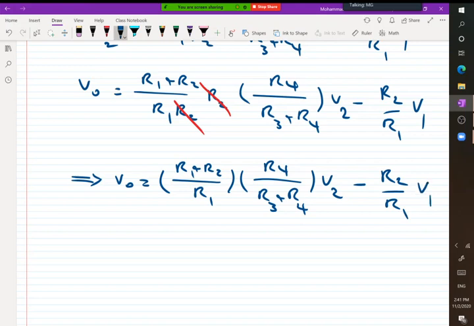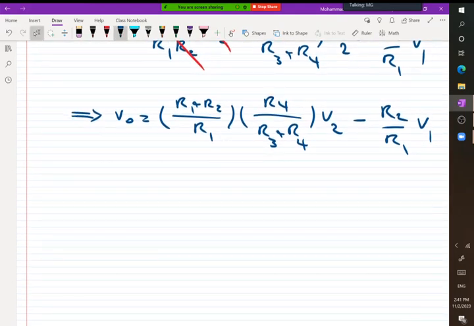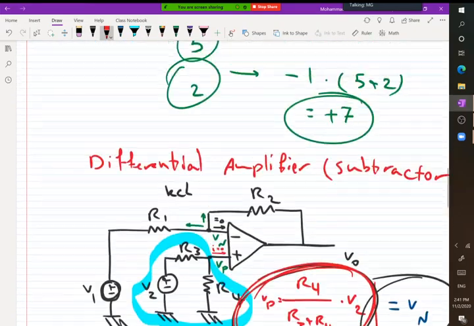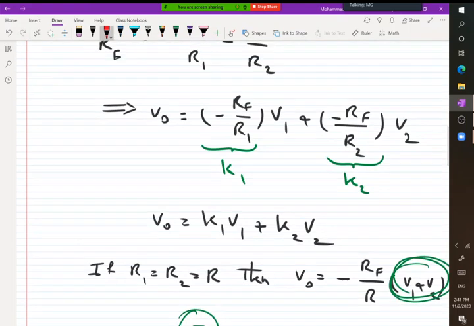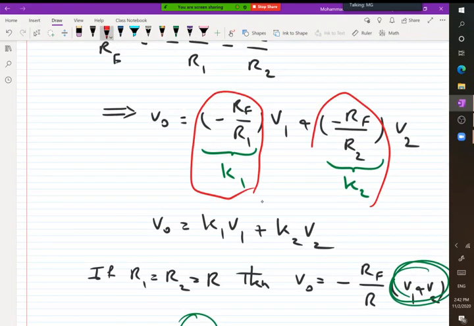Okay, now we see that one of these, let's stop here and go back to our previous example, which was the adder. For the adder, if we look, we see that both K1 and K2 are negative. So if we factor out the negative, we can say that V1 and V2 are added to each other.